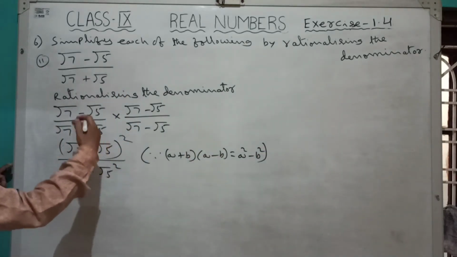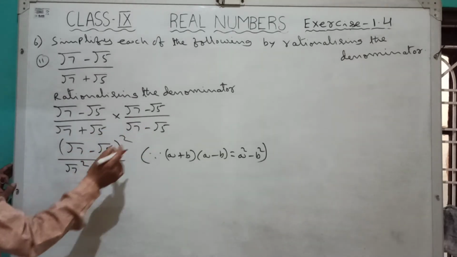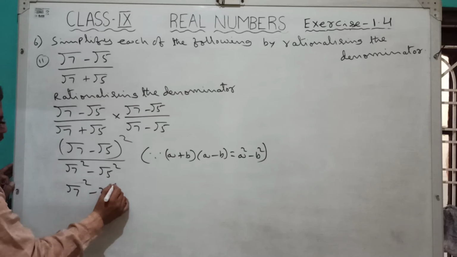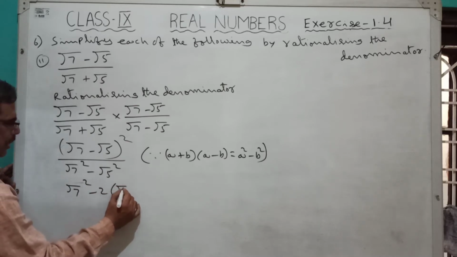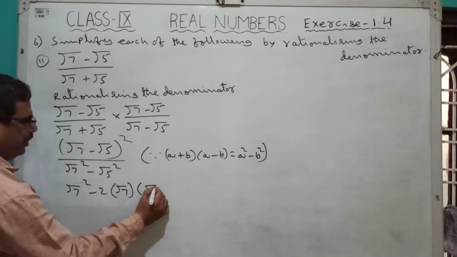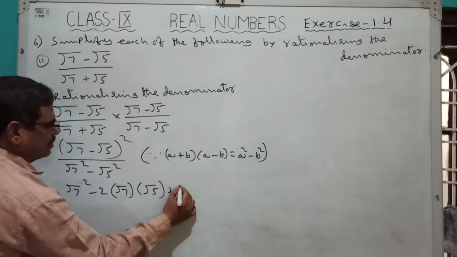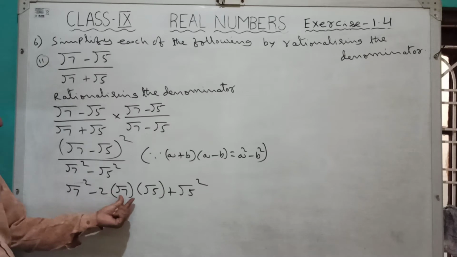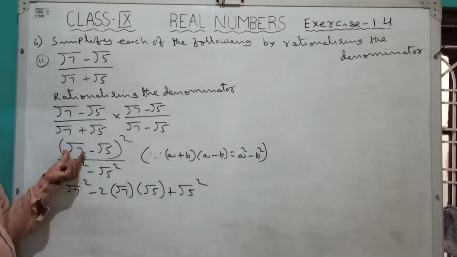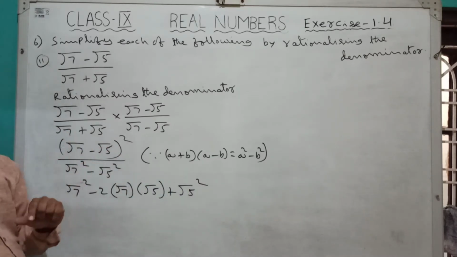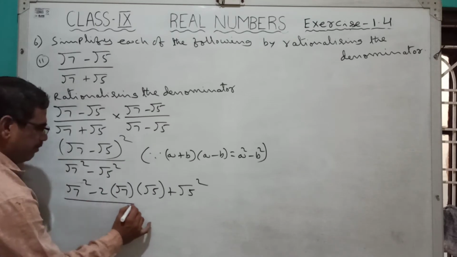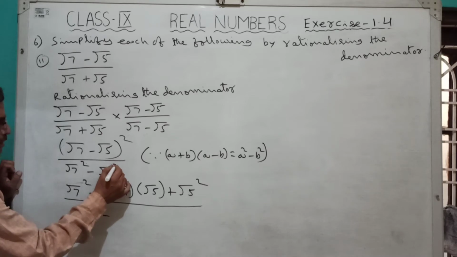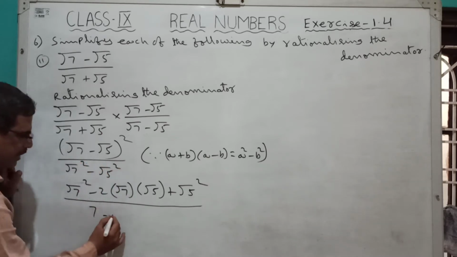So in the numerator I will open the formula (a minus b) whole square: a square minus 2ab plus b square. A means root 7, b means root 5. Divided by 7, root will get cancelled, 7. The square root will get cancelled, 5.